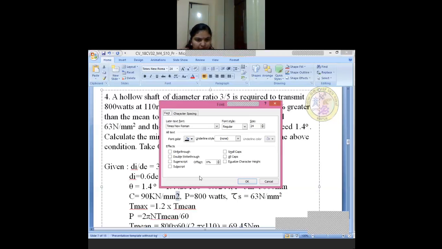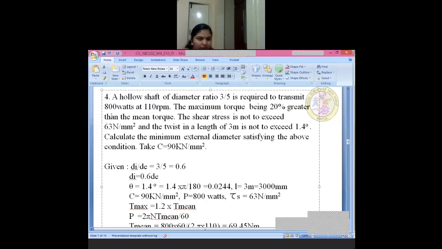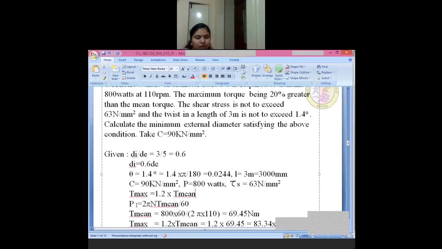The length of the shaft is 3 meters, and C is given as 90 kilonewton per mm square. The shear stress is 60 Newton per mm square.